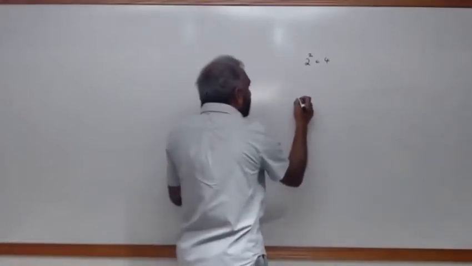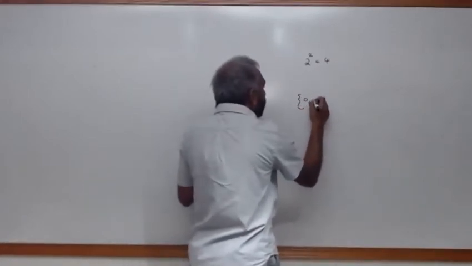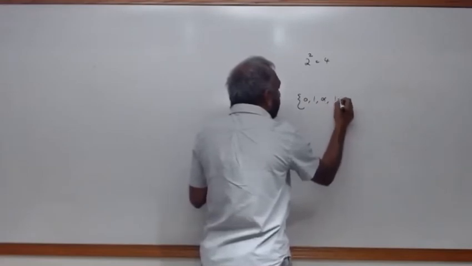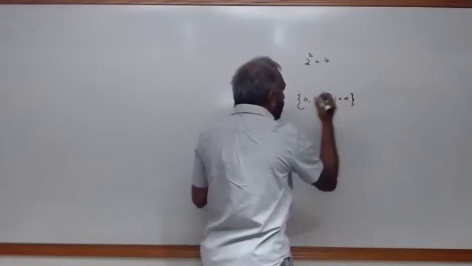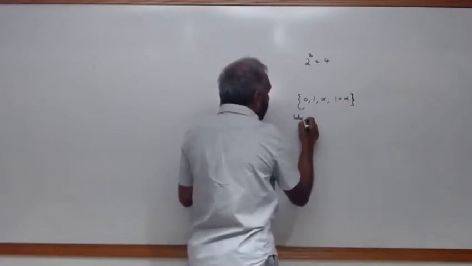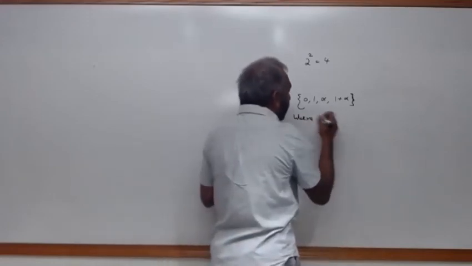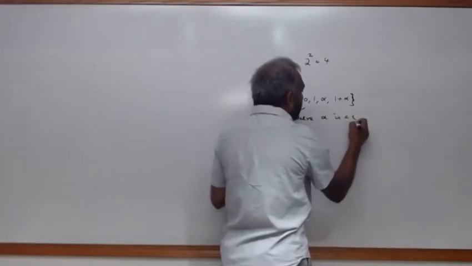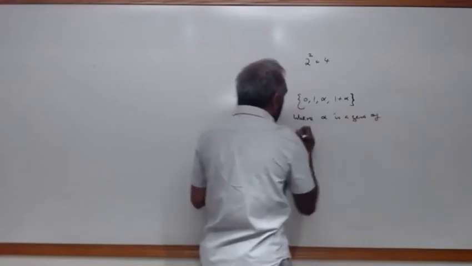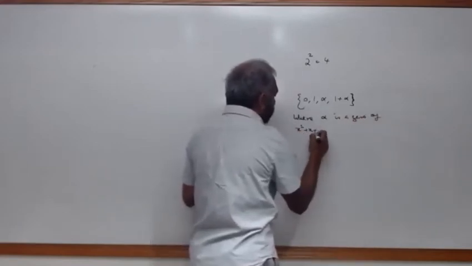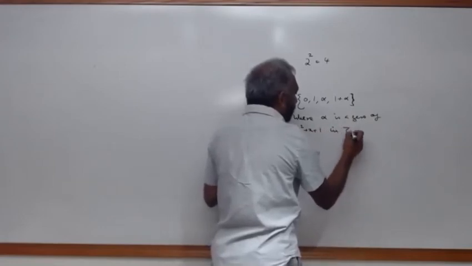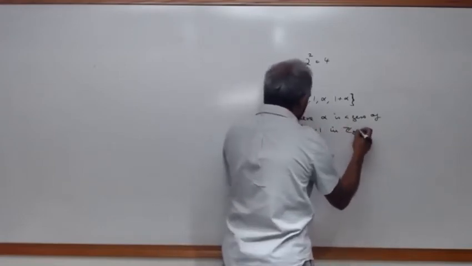And that was actually 0, 1, alpha, 1 plus alpha, where alpha is a 0 of x square plus x plus 1 in Z2[x].